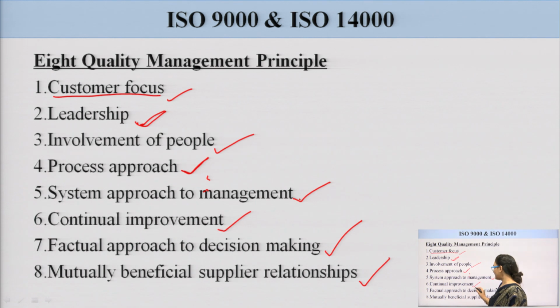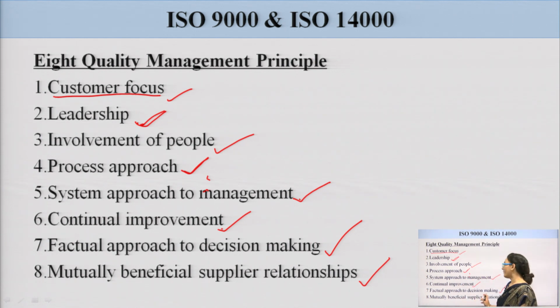Next is continual improvement. Continual improvement should be the permanent objective of every organization. Every organization should work toward continual improvement, so that one day they can get breakthrough improvement.